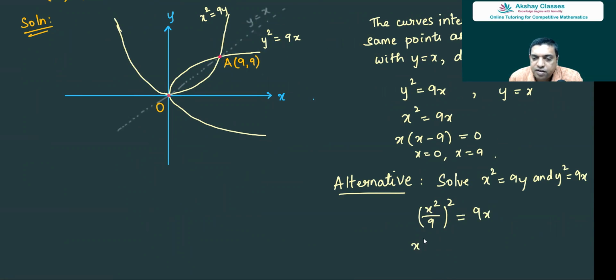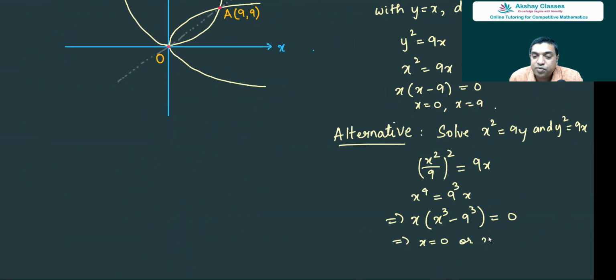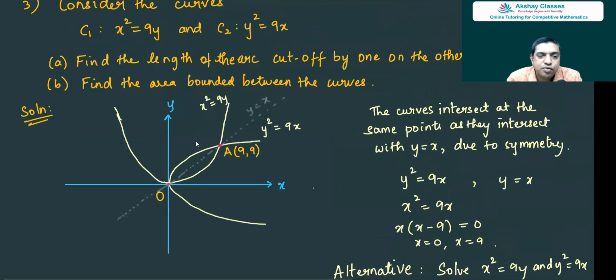So x to the power 4 is equal to 9 cube times x. So bring it to this side, then x into x cube minus 9 cube equal to 0. So you get x equal to 0 and x cube equal to 9 cube. So that gives x equal to 9. So from this, either of these, you find the point of intersection.